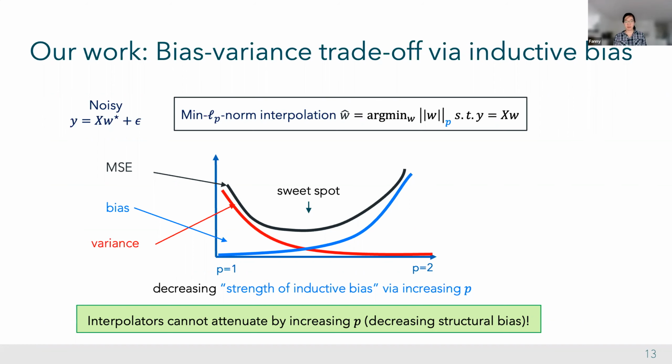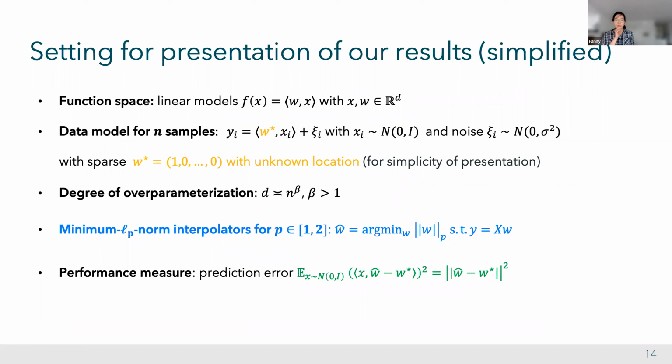Okay, so then let's look at the bounds for P equal to 1, or actually start with P equal to 2 and then complete the picture. So before we go there, let's just clarify what our setting is. So I'm simplifying the setting by a lot. We're only looking at regression, for example.